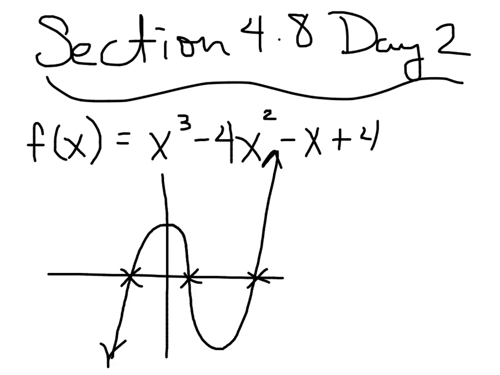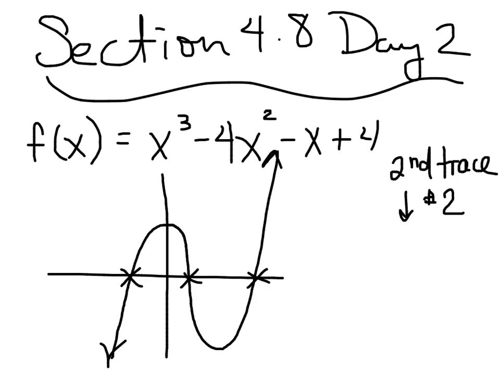Now, you've done this for me already with your calculator. Do you remember where to go on the calculator to find the zeros? Second trace. Good. And then which one is the zero? Number 2. Now, just to remind you how it works. When you're going up a hill, the first thing your calculator will say is left bound.